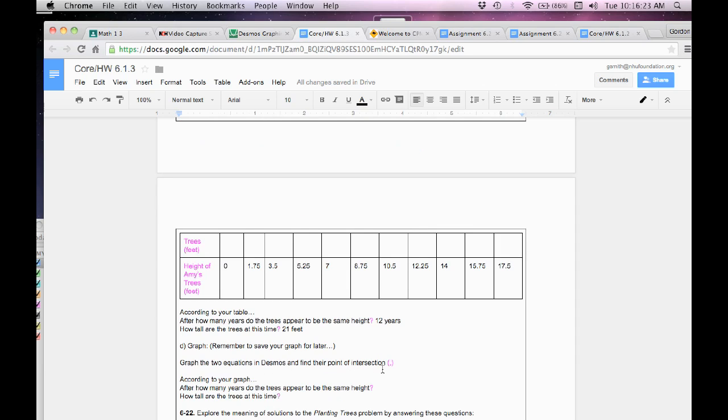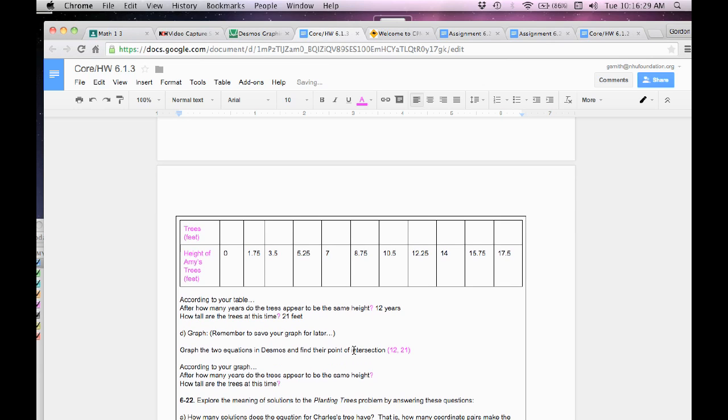So, graphing the two equations, they intersect at (12, 21). So, at how many years do they appear to be the same height? At 12 years. And how tall are they at this time? They are 21 feet tall. Okay, and that's it for 621.